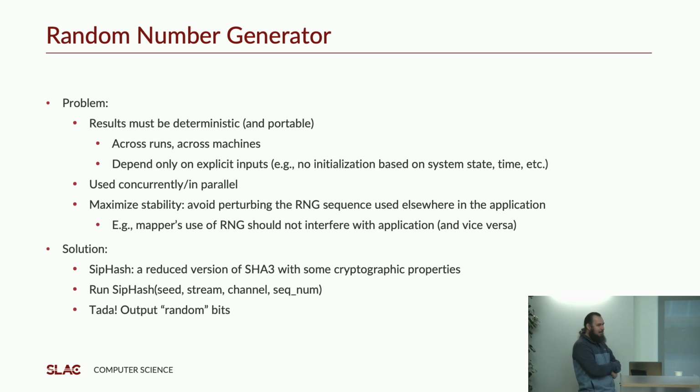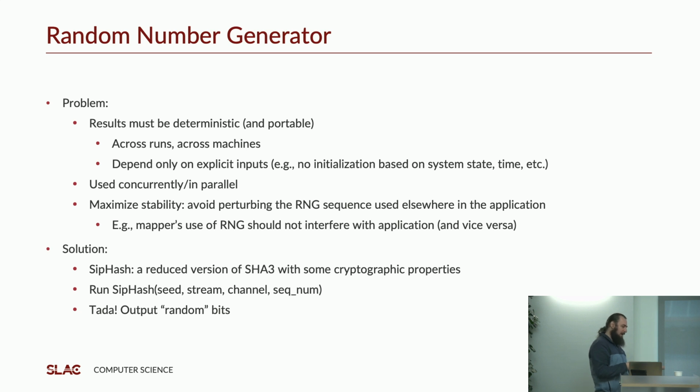So the idea is you have to pick some sufficiently strong hash function. In this case, I picked SipHash because it's based on a real cryptographic hash algorithm. So this is sort of like a watered-down version of SHA-3 that's not fully secure, but it has some nice properties. And then basically you just hash some tuple of things, right? You hash a seed and then some number of things, and it just depends on how many components. You have some stream number, right?